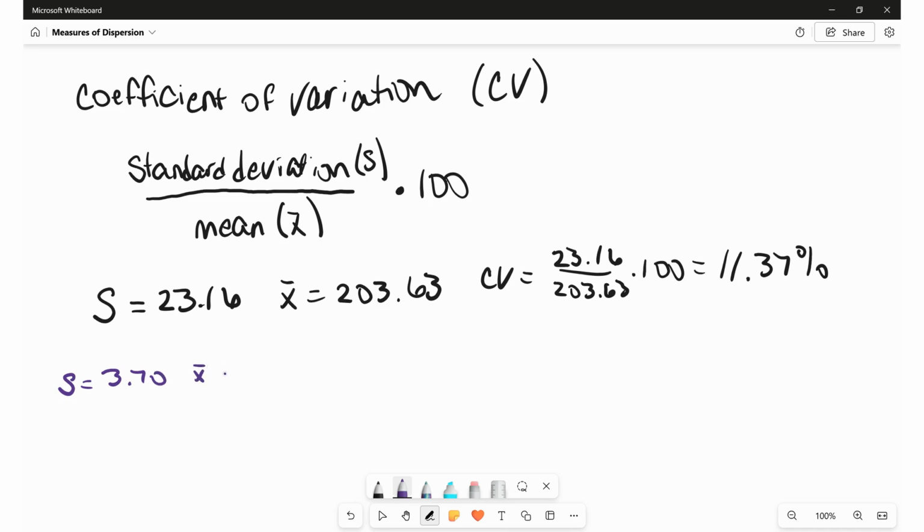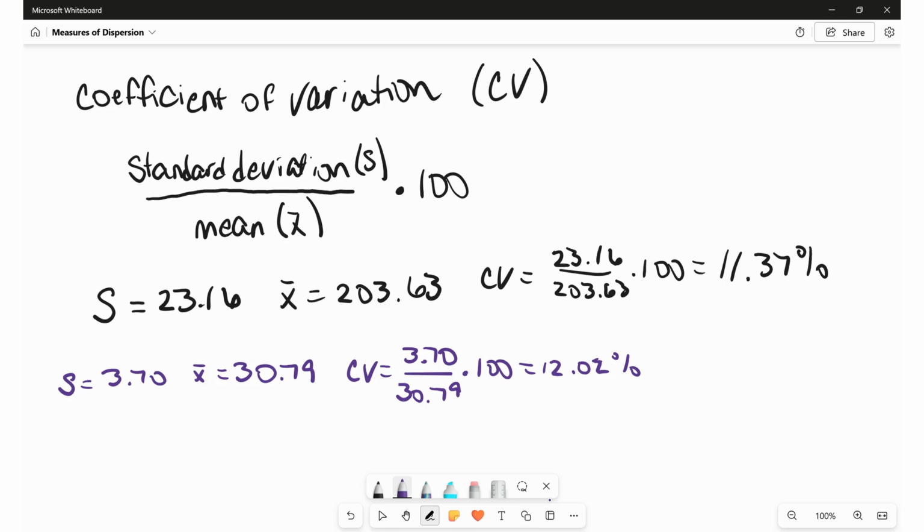It has a mean of $30.79, which means that the coefficient of variation is going to be 3.70 divided by 30.79, and then we multiply that by 100, and that gives us 12.02%.